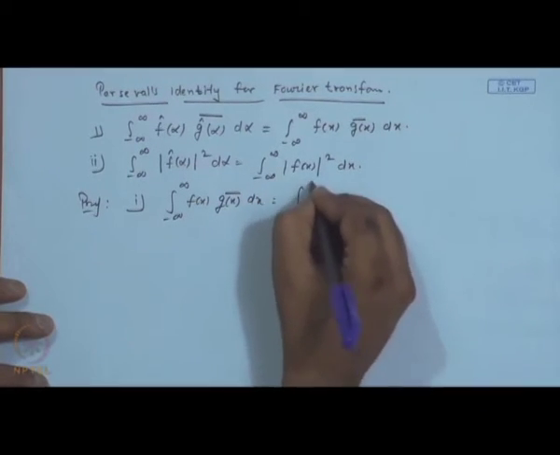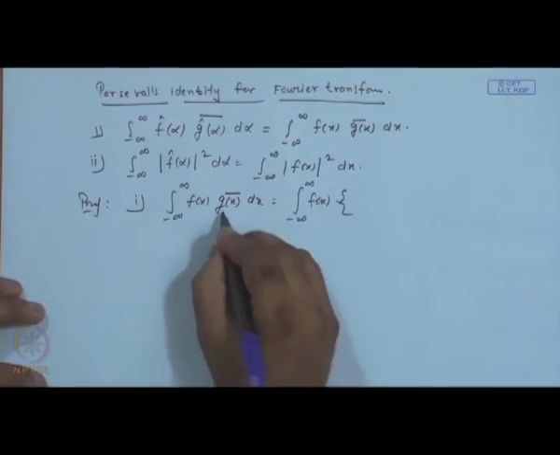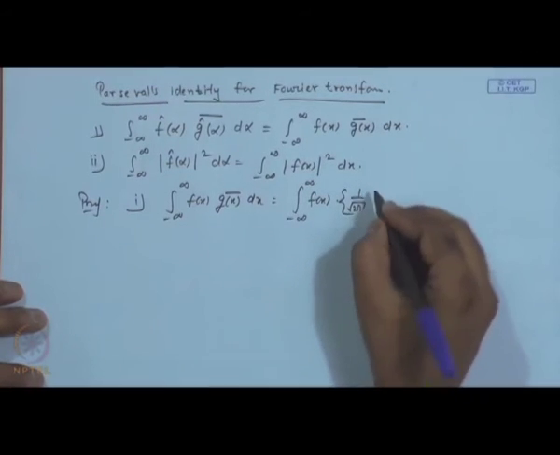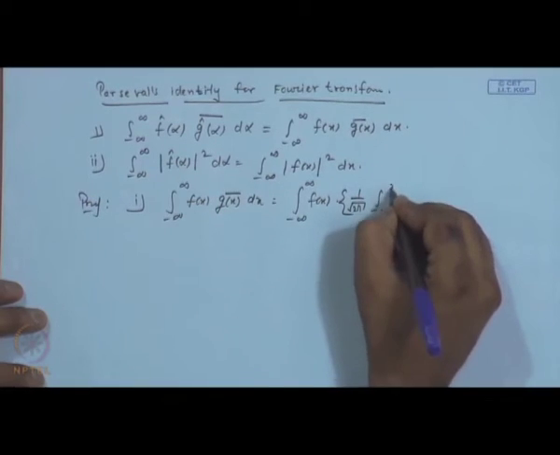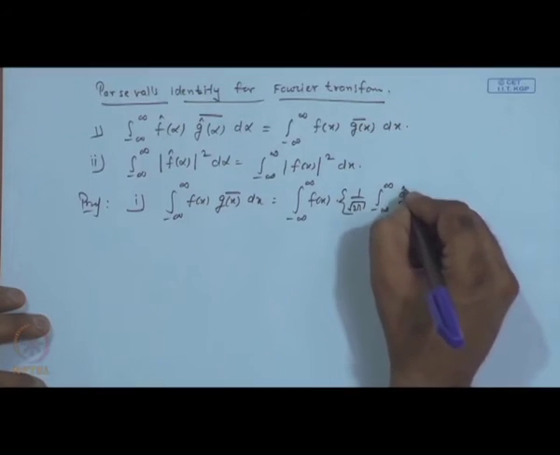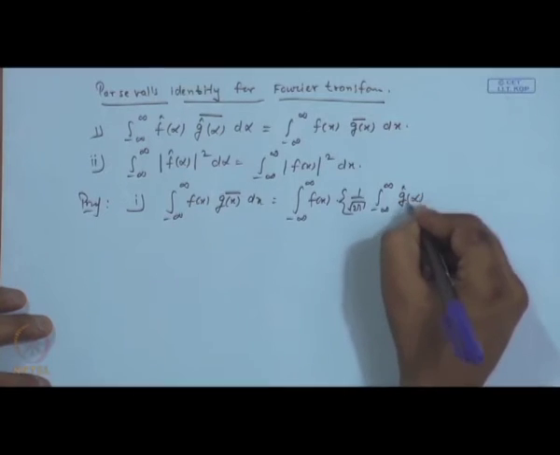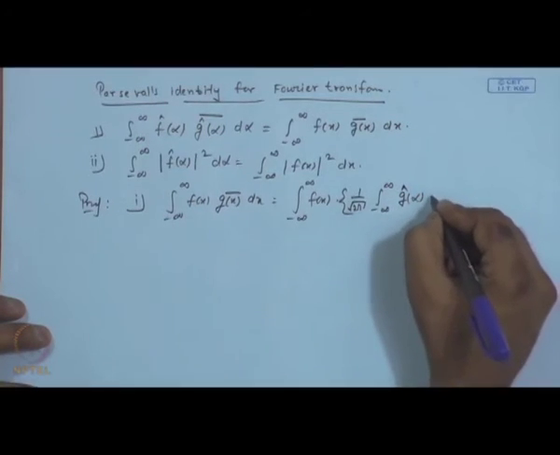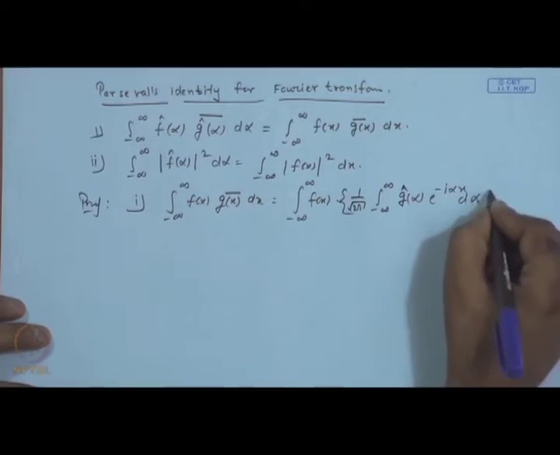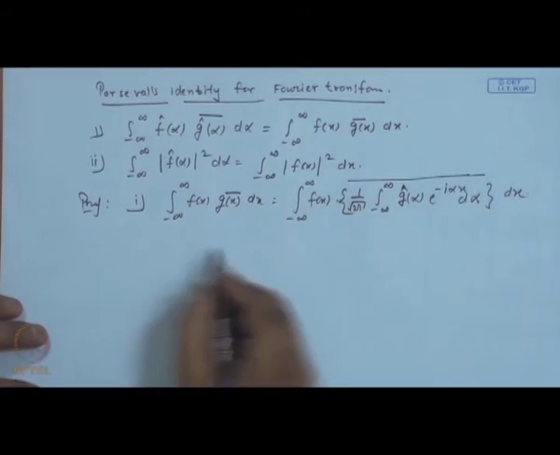We have this f(x), and then for g by the inverse transform we have 1 over square root 2 pi, integral from minus infinity to plus infinity of g hat alpha e^(minus i alpha x) d alpha, dx, and this complex conjugate of this term.